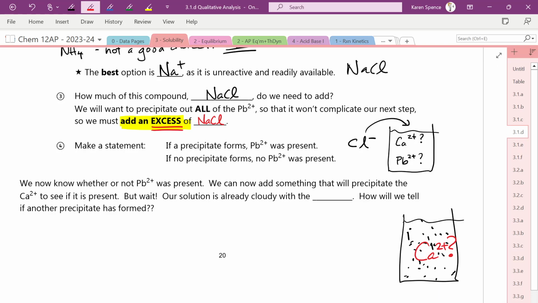We've got the precipitate of PbCl2, so our solution is now cloudy. How are we going to tell if calcium is present if we need to precipitate it? You're going to use a centrifuge to remove all of the precipitate.